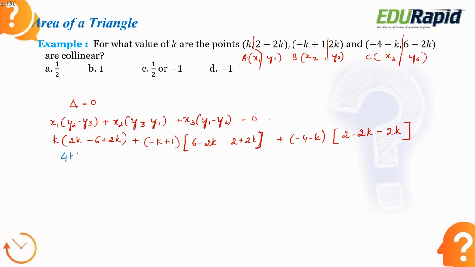So 4k square minus 6k plus, here 2k gets cancelled and I'm left with 4 alone. Because I have a minus sign here, minus 4k plus 4. Correct? And then here again 2 minus 4k has to be simplified.